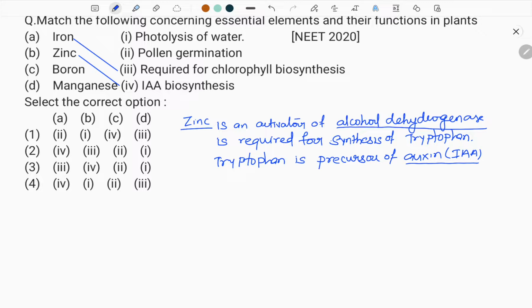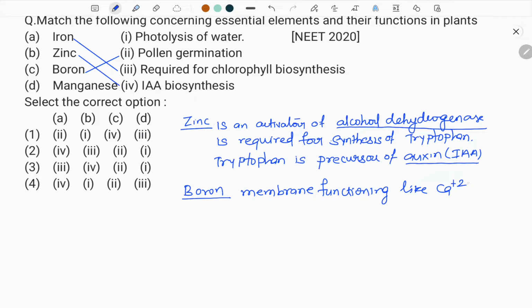Let us come to boron. Boron has various functions. Let us see them one after the other. Boron is required for membrane functioning, like that of calcium.